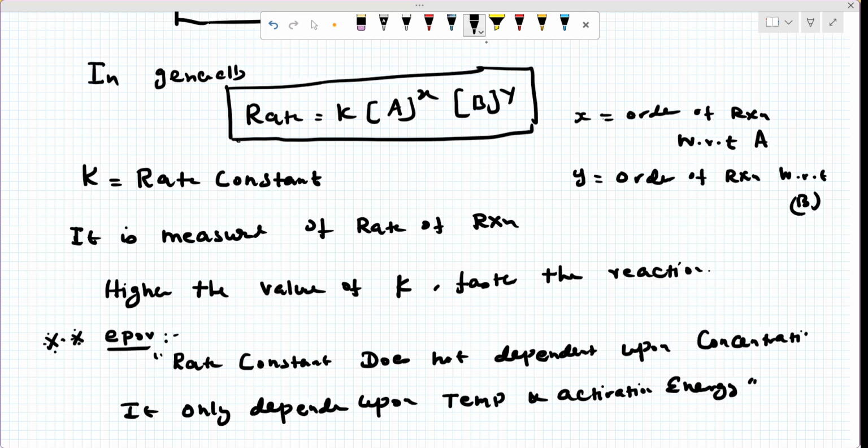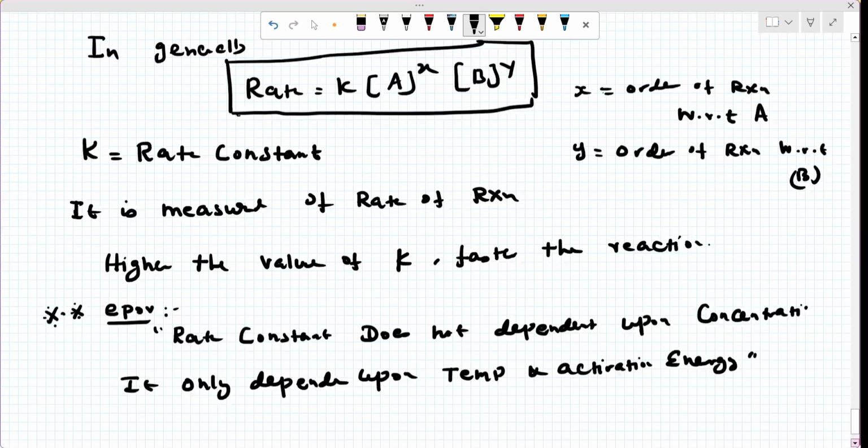Now you know what rate law is, right? The rate of reaction is directly proportional to the initial concentration of reactants raised to the power of the stoichiometry. Now what is order?